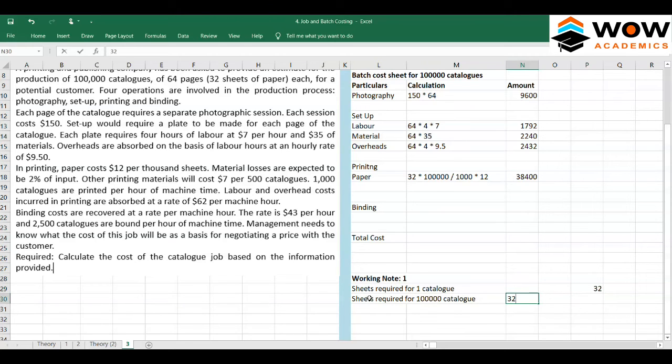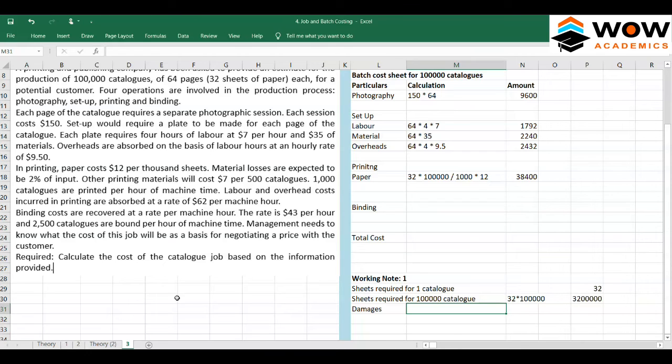That is 32 into 1 lakh. This is the total number of sheets required, but damages would be 2%. So how do we find out the damages? Whatever you input, 2% is always damaged, so you should actually put more than that. So how do we do it?